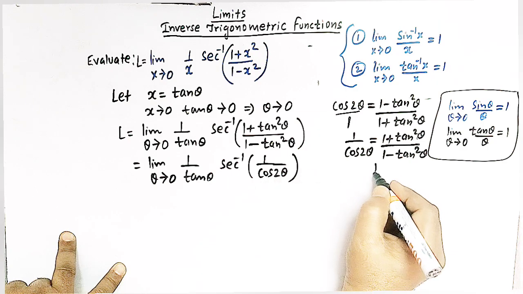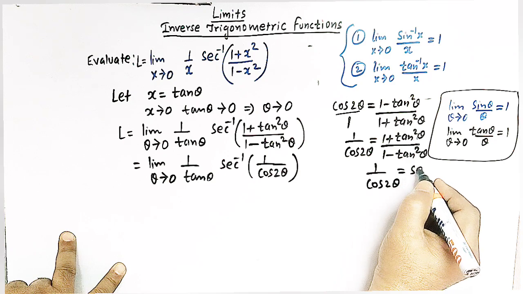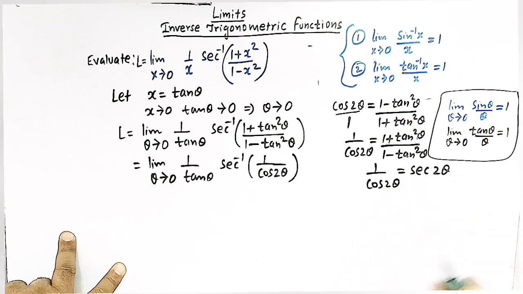So now 1 over cosine 2 theta is equal to secant 2 theta.